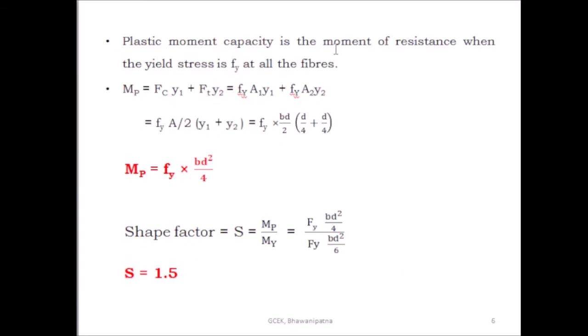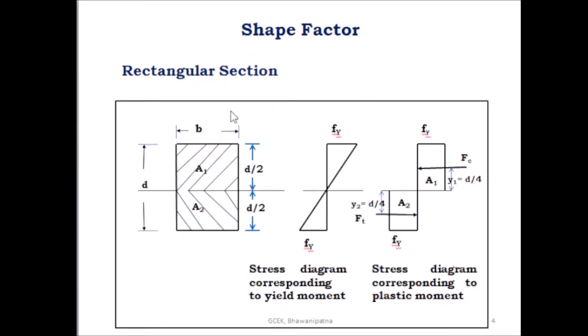The plastic moment capacity is the moment of resistance when the yield stress Fy is reached at all the fibers. So the plastic moment is equal to Fc into Y1 plus Ft into Y2. You have to take the moment of these two forces about the plastic neutral axis.